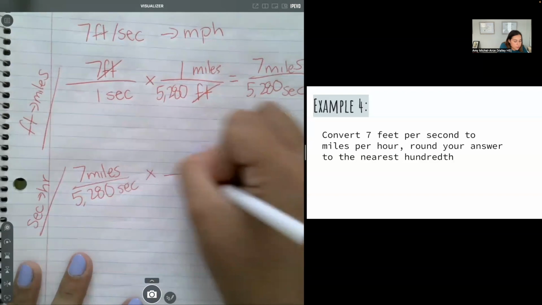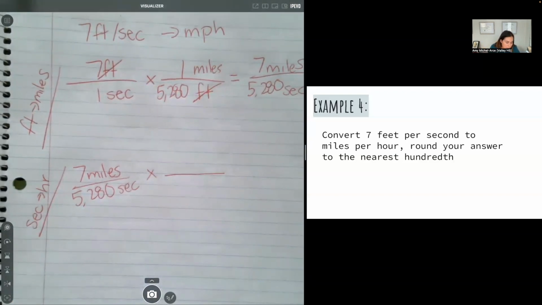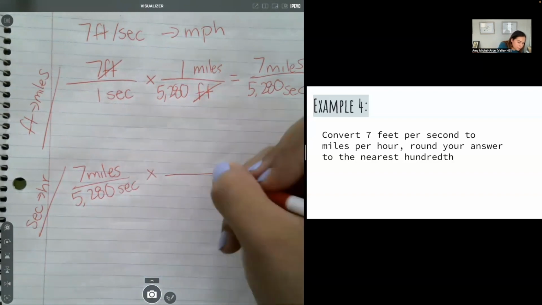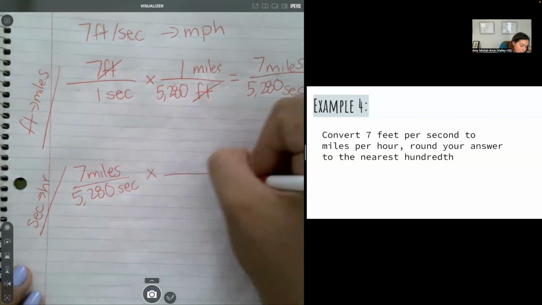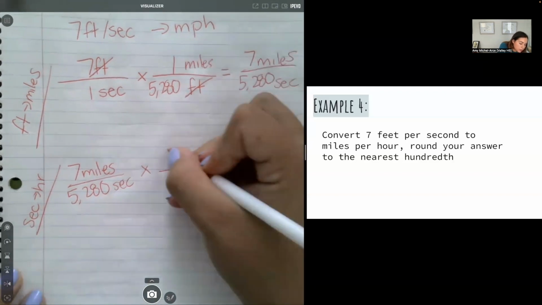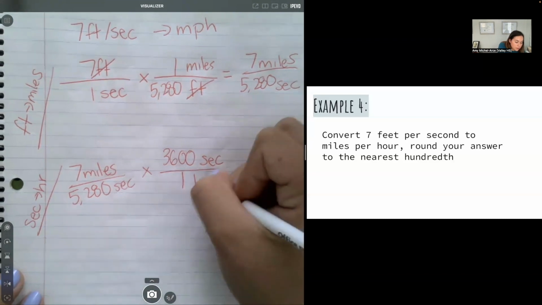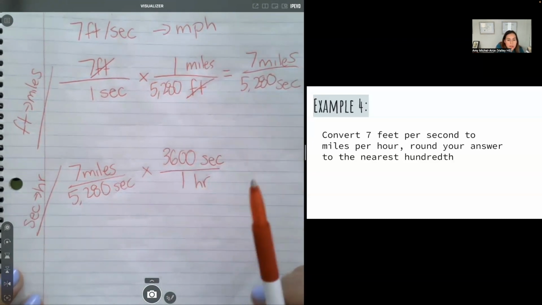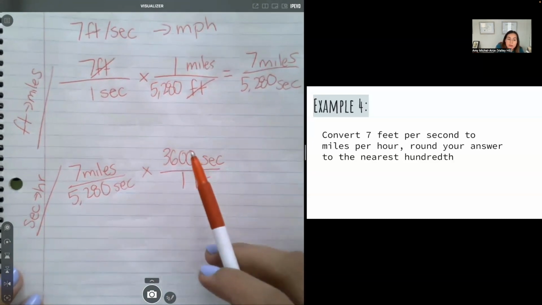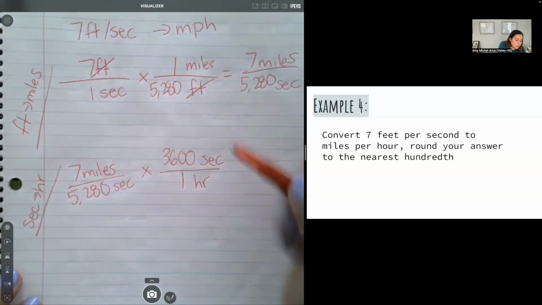Multiplied by the conversion between seconds and hours. And since we just did that in the last one, we know that we want to cancel out seconds, so we put seconds up here. We know that there are 3,600 seconds per 1 hour, right? 60 seconds per minute times 60 minutes per hour. That's 60 times 60, 3,600 seconds in 1 hour.